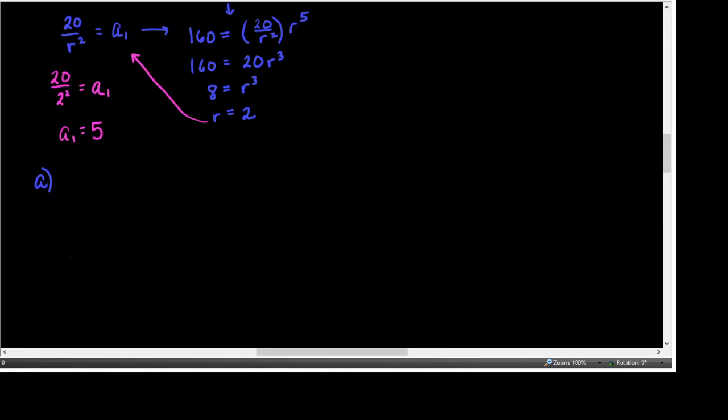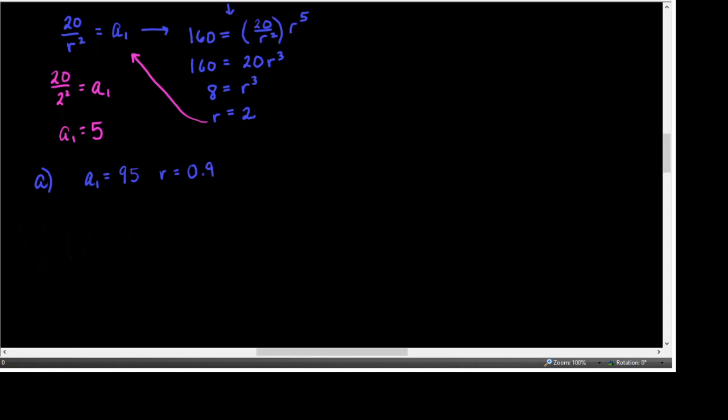So a sub 1 is going to be the percentage of putts made at 3 feet. Okay, so that is 95%. And we're going to write percent as a whole number. So instead of 0.95 here, we're going to make it 95 to stand for 95%. And r is 0.9 because that's what we're going to multiply each time by.